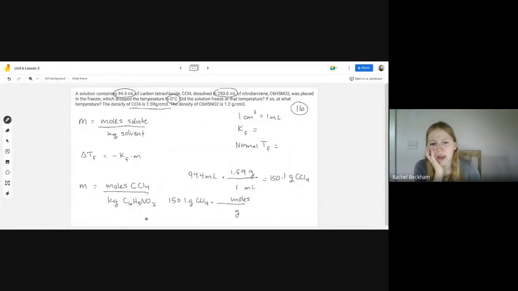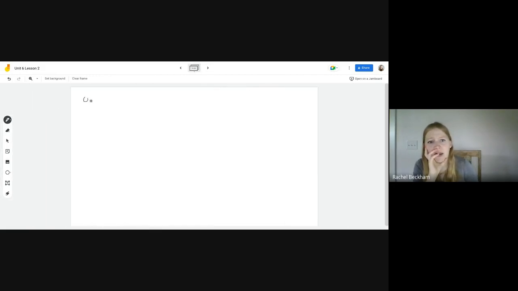That's how many grams are in 1 mole of it. So it's going to go with the grams on the bottom. So we're doing 150.1 divided by 154, and I'm getting 0.97 moles. That is what's going to go on top for my molality. So I'm going to write that down on the next slide, 0.97 moles of CCl4.